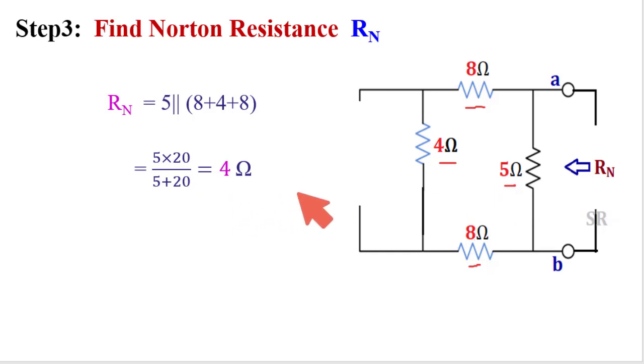If we cannot understand this, we can redraw it in a simple way. Start working from A, say this is A. From A there are two paths, this is one path, this is another path.